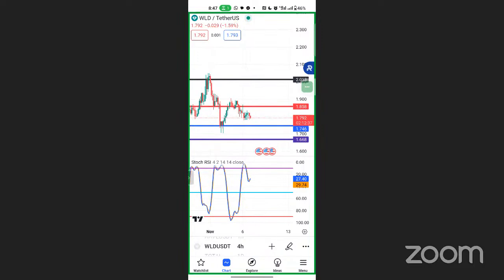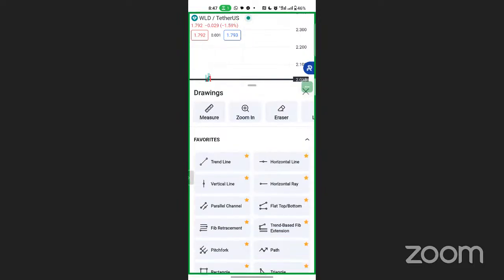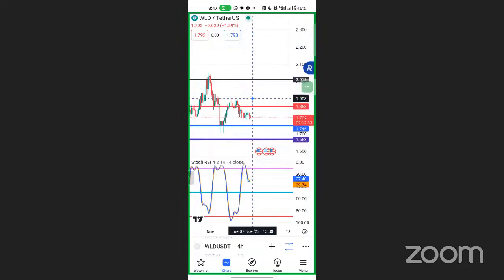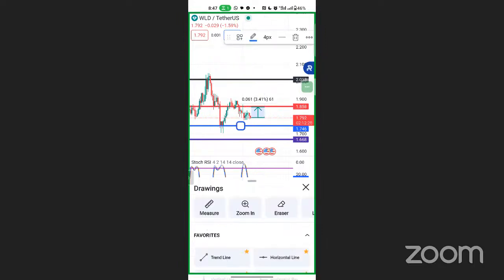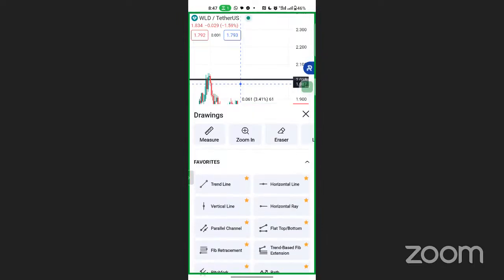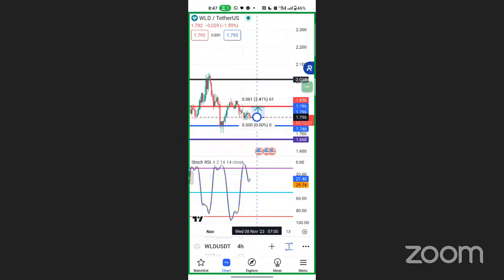So if I want to trade the coin, I would say I'm entering at current price. I'm taking profit at the resistance, and I'll set my first margin call. Only one margin call is enough here.